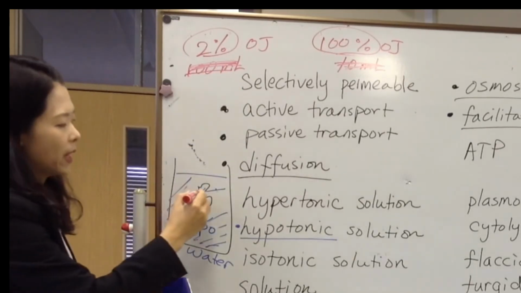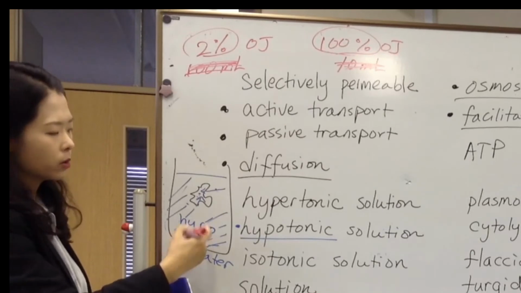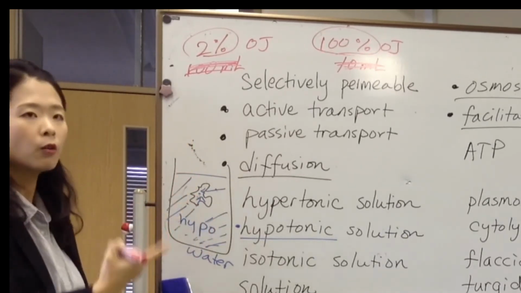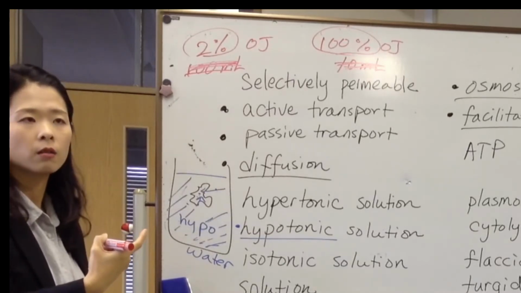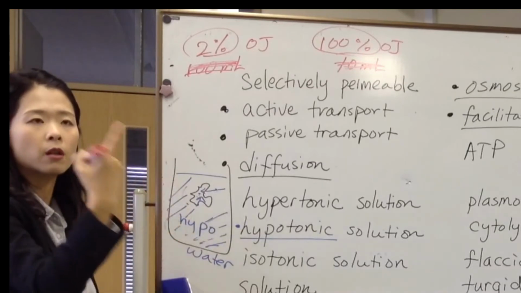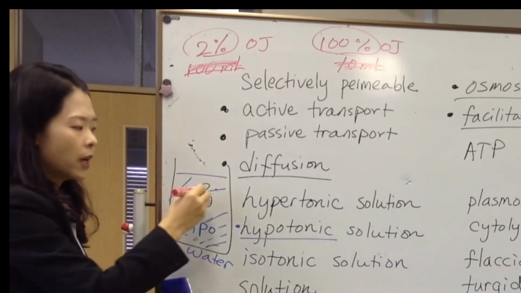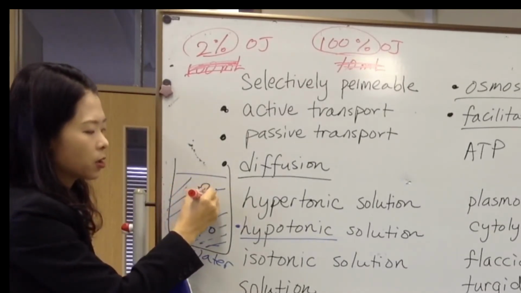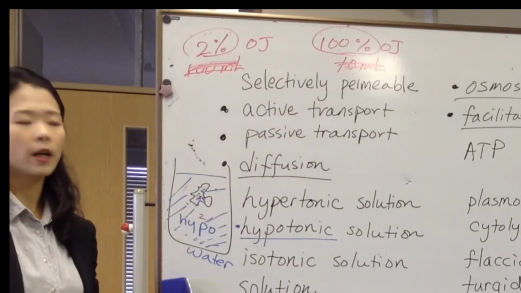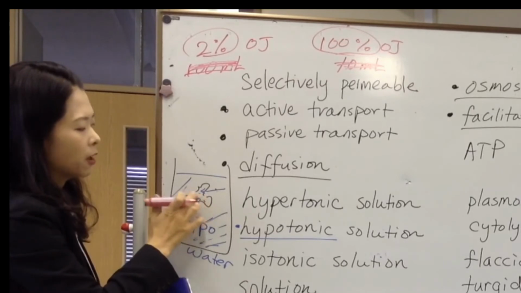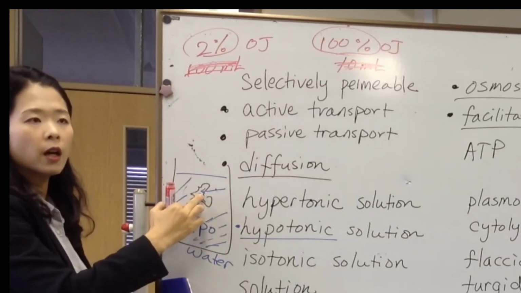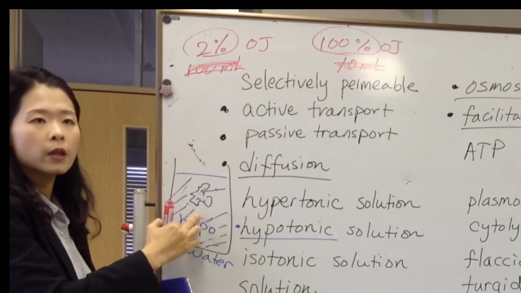Okay, so let's go back. So this is hypo, so we can compare that. Which one would be 2% and which one would be 100% OJ? The cell or the water in the beaker? Yeah, in comparison, we can say the cell is 100% OJ and this is 2% OJ. Or it could be any number as long as the percentage is greater in the cell than in the beaker.